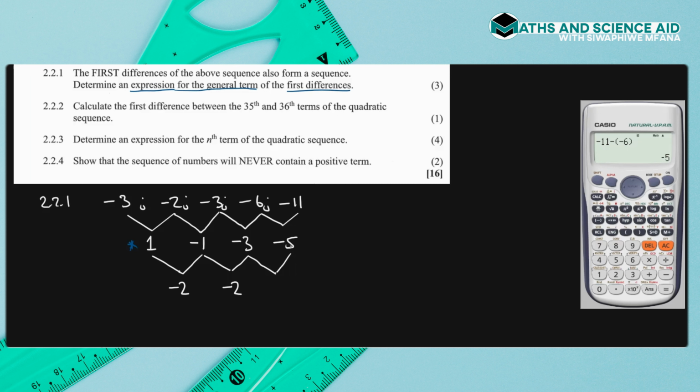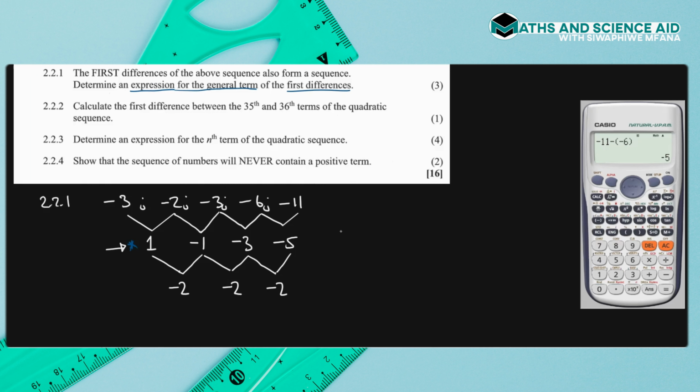And then -5 minus -3 is also going to give us -2. So it means that the first differences form an arithmetic sequence with a constant difference of -2.